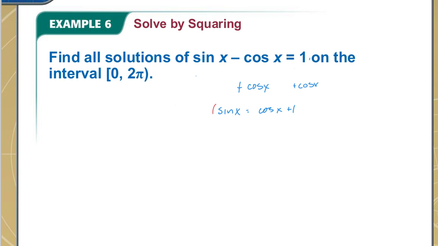Now, if we square both sides, my left side is just going to turn into sine squared of x. My right side will turn into cosine squared of x plus 2 cosine of x plus 1. And that just comes from doing cosine of x plus 1 times cosine of x plus 1 and a little distributive property.